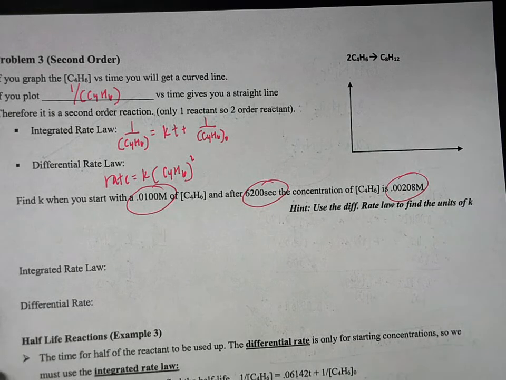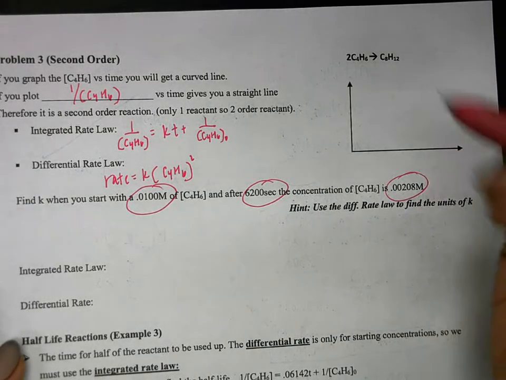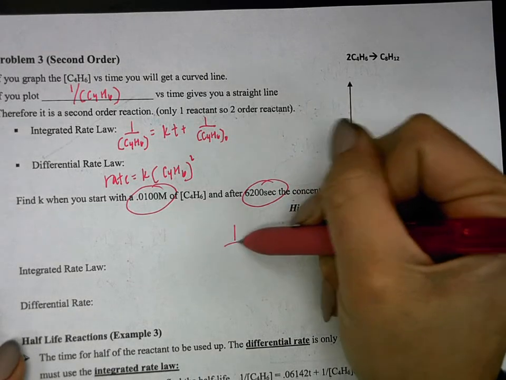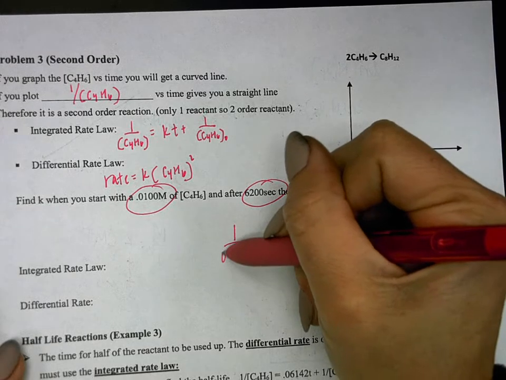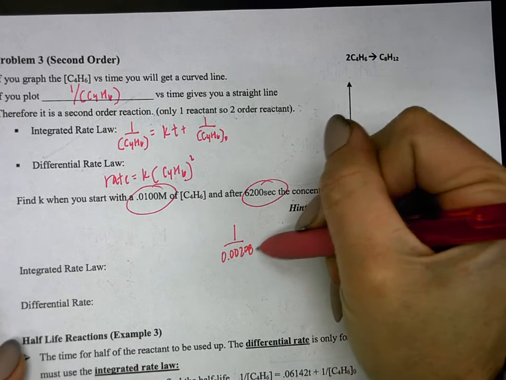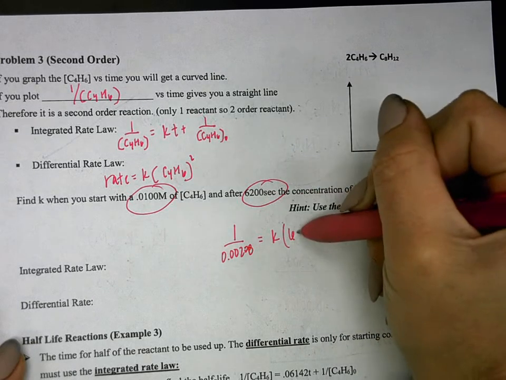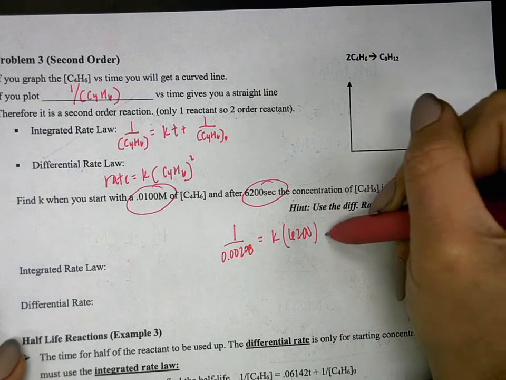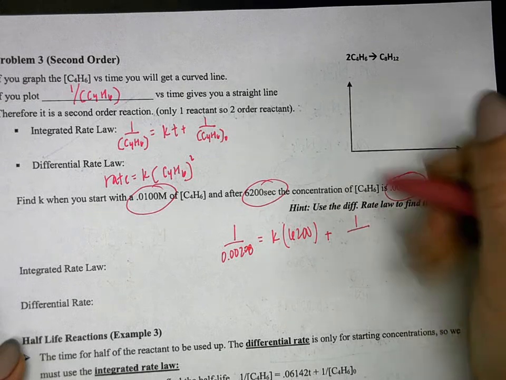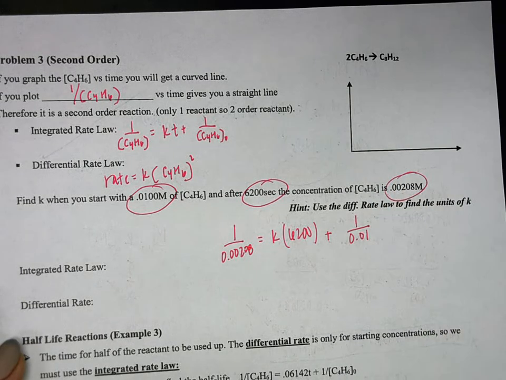So we can plug in to the integrated rate law: 1 over 0.00208 equals my K after 6,200 seconds plus 1 over 0.01.